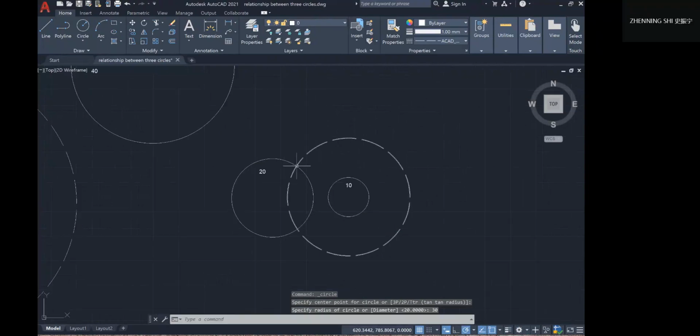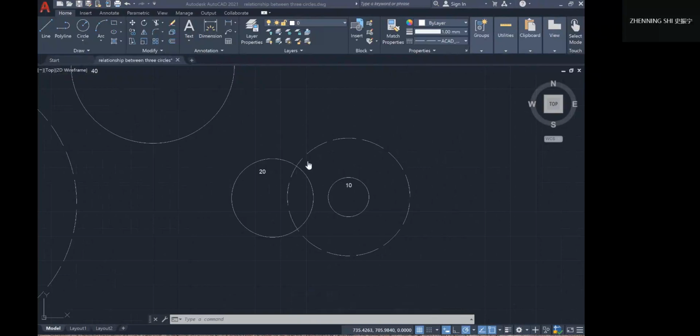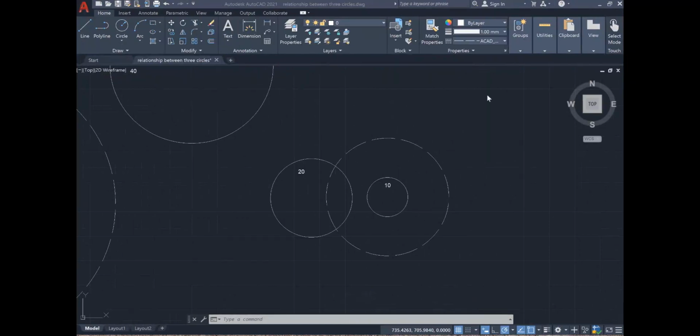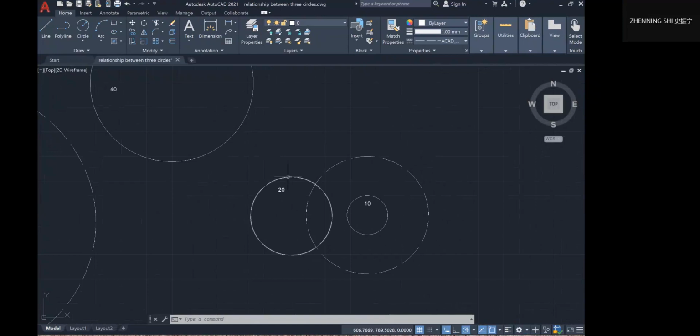So you find that there is no auxiliary line. Why? Because 40 minus 20 is equal to 20. So the auxiliary line is the same as this circle. So don't worry.